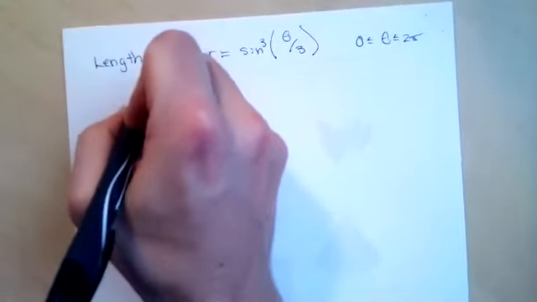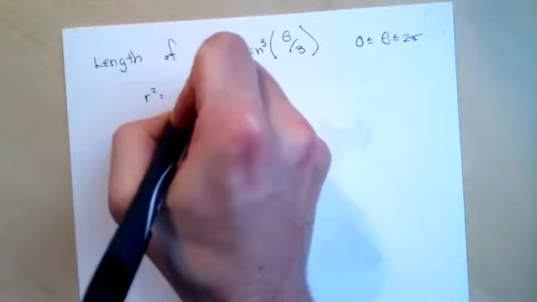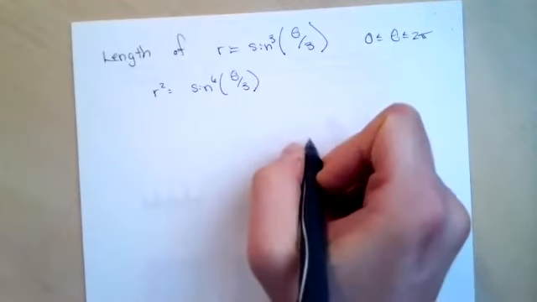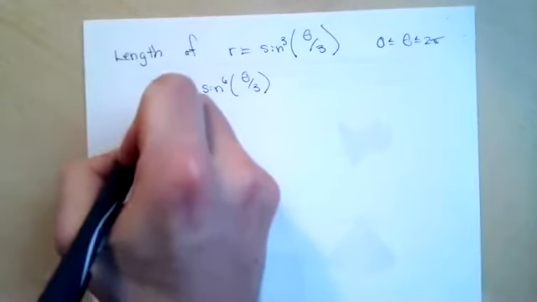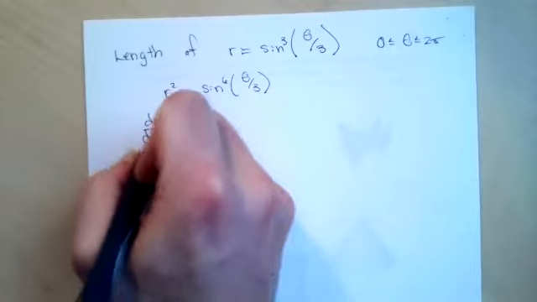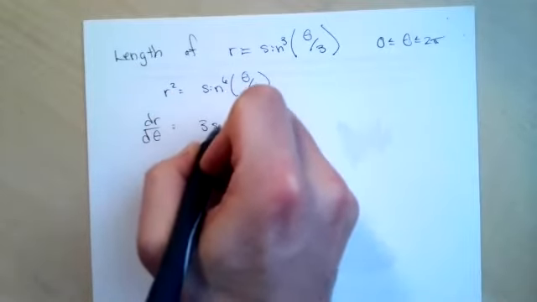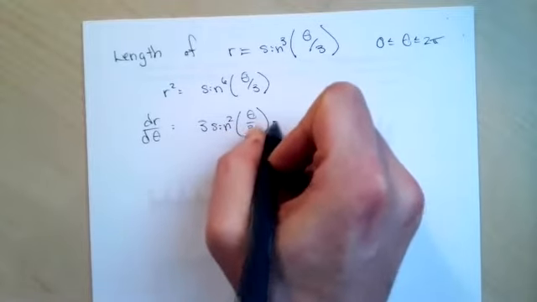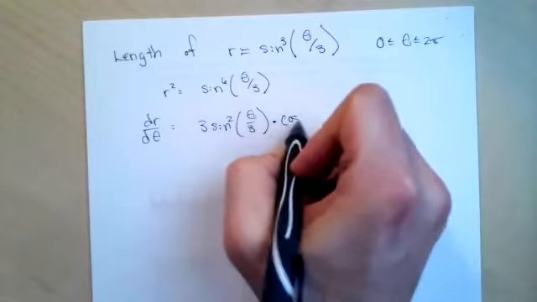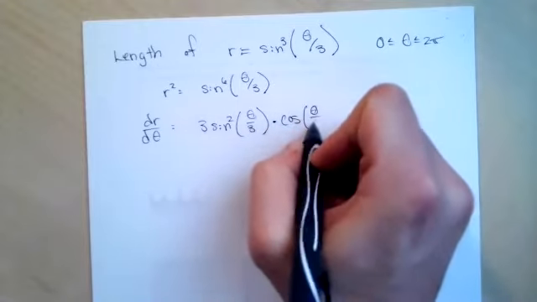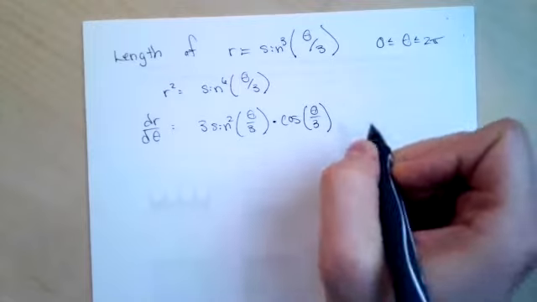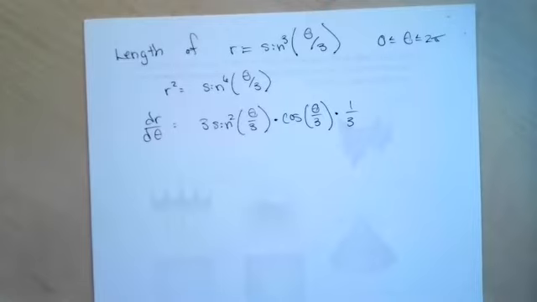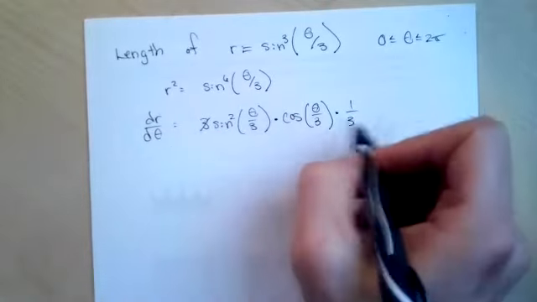So compute your pieces. r squared is sine to the 6th of theta over 3. dr/dθ is 3 sine squared of theta over 3 times cosine of theta over 3 times 1/3. So of course the 3 and the 1/3 will cancel.